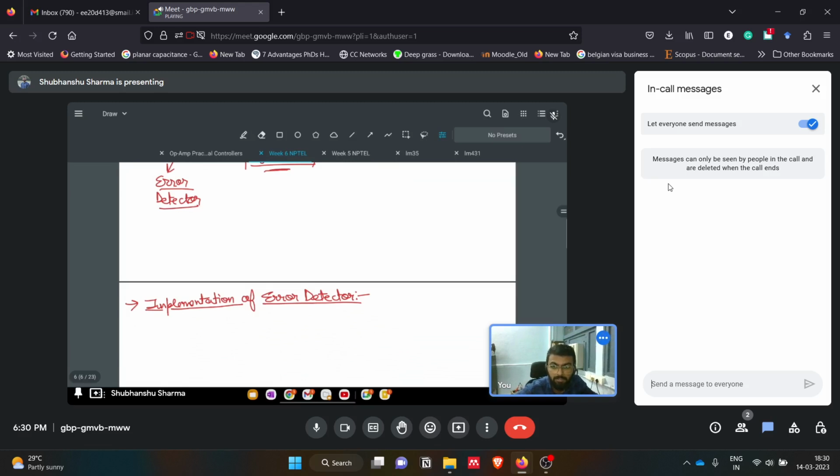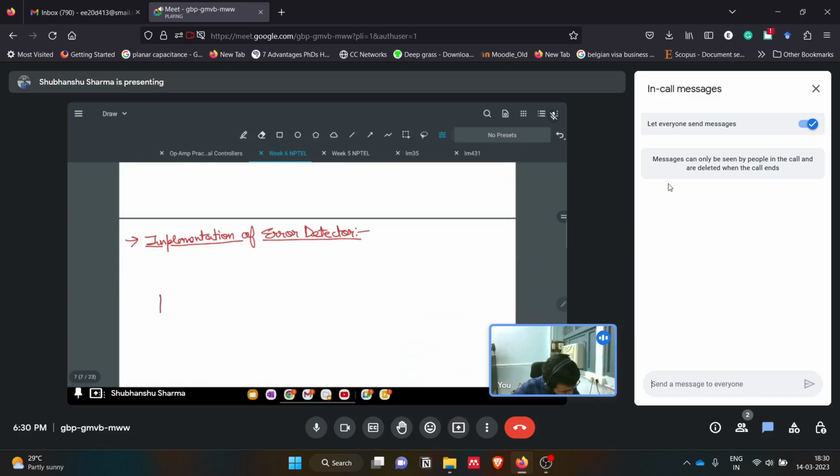Using that summer application itself, we can use the op-amp to realize this error detector circuit, or we have used op-amps in differential conditions. The basic idea of an op-amp is that it amplifies the differential voltage given at its input. So if we can realize a differential amplifier, we can make this error detector easily. Here in this case, we are also doing the same thing.